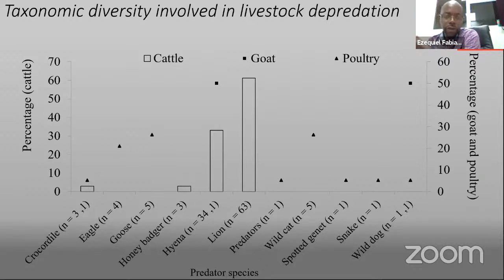In terms of poultry, we have a much broader diversity of species involved, ranging from small predators such as the wild cat and the spotted genets. We have snakes involved, and wild dogs as well. In terms of goats, lions again feature very high, and equally the hyenas, and also wild dogs.